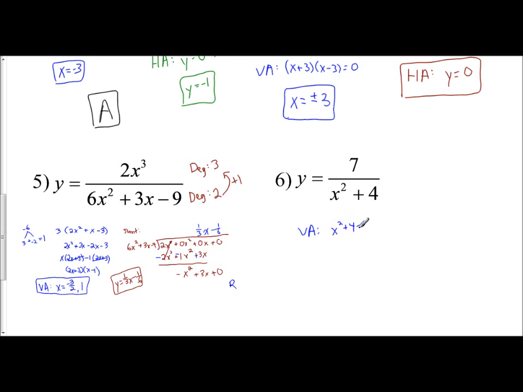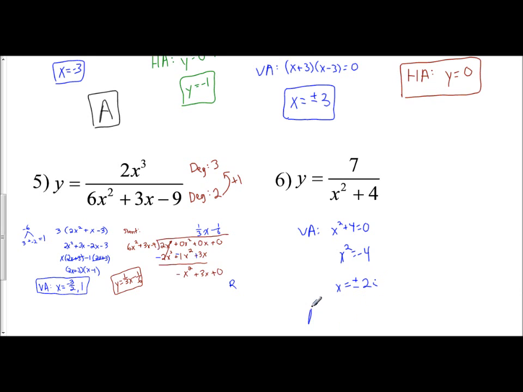So x squared plus 4 equals 0. X squared equals -4. Well, you square root that. Square root of 4 is 2. And you're going to have the square root of -1. So it's 2i. Can you really have vertical asymptotes that are imaginary?